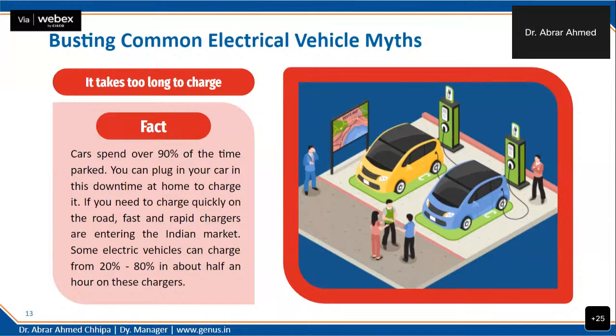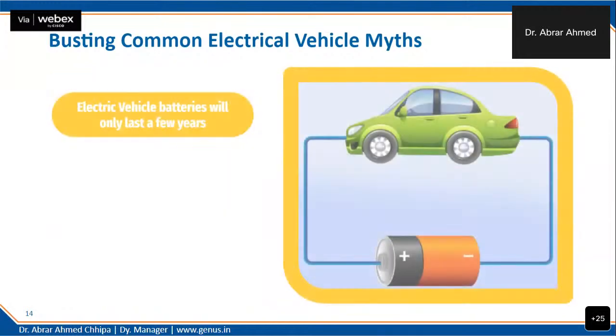The same fast charging technology is also being adopted in the electrical vehicle segment. If we use a fast charger, our vehicle gets charged from 0 to 80% in less than 1 hour. Basically, fast chargers are mainly used for four wheelers only.